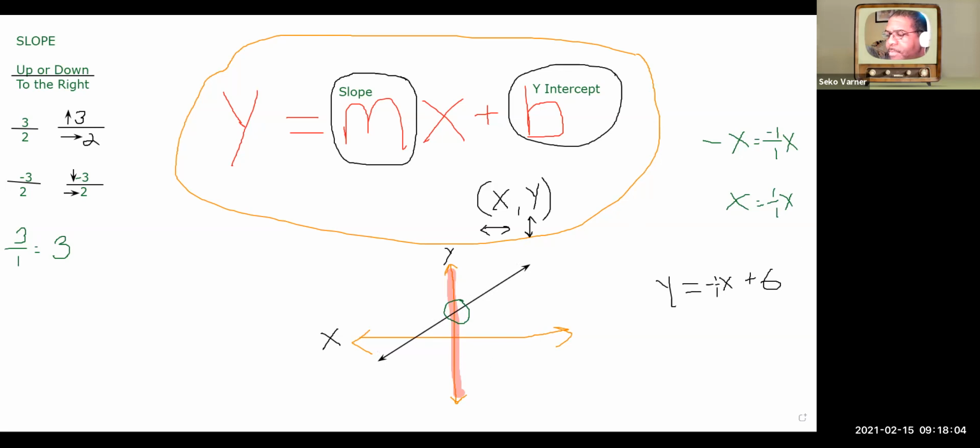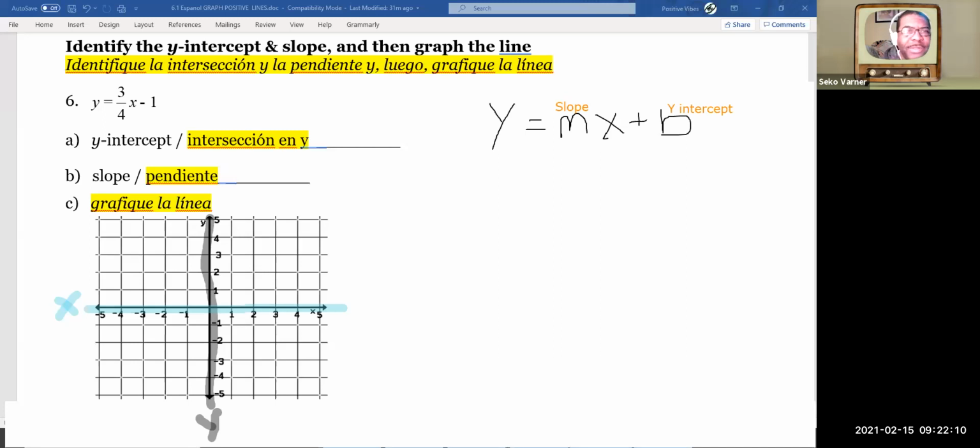So let's put this into practice, all right? Okay, so remember, y equals mx plus b. The m is a slope, b is a y-intercept. So if I look at this problem, this is our slope, okay?